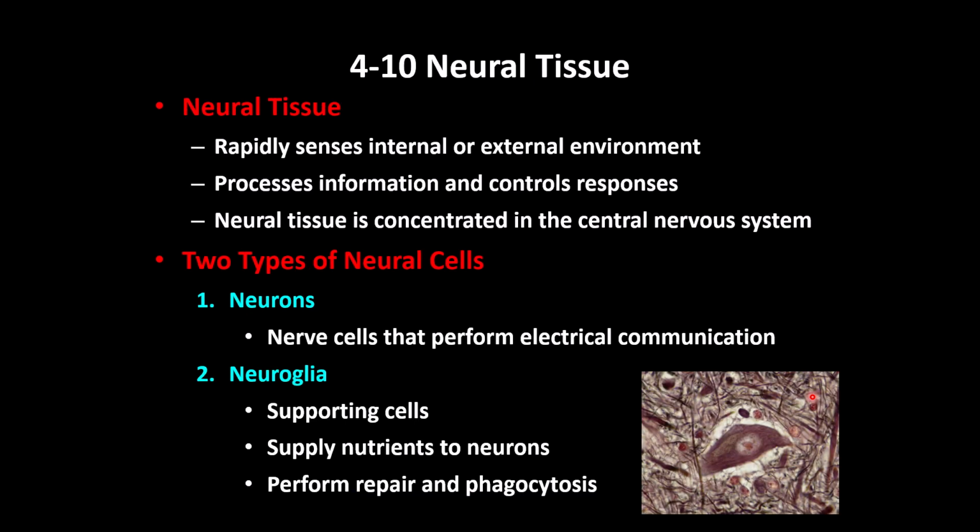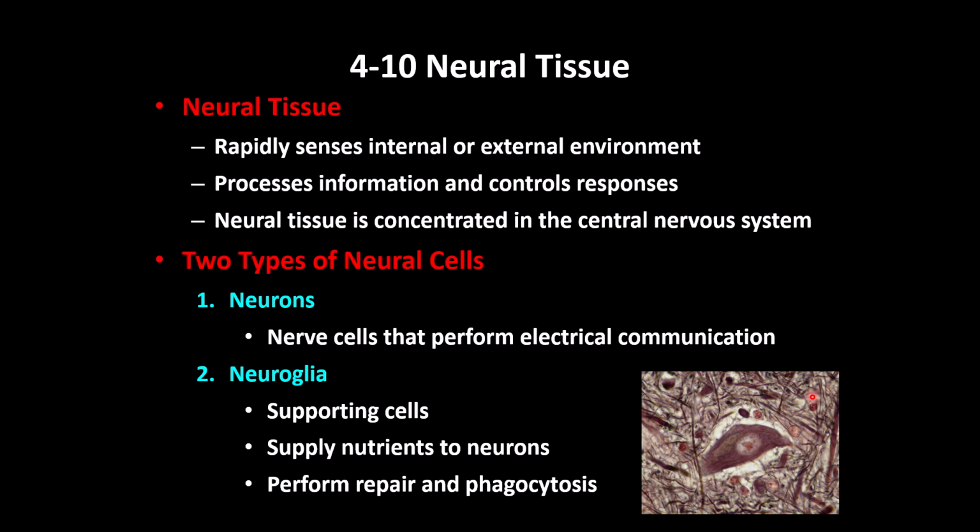And the neural tissue, there are about 5 chapters about this, so I will not talk about it in more detail. For now, just to give you brief information. In your textbook a lot of information is written, but I think this much information is good enough for now. Neural tissue carries electrical signals.